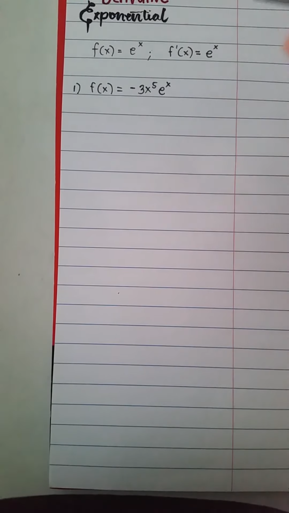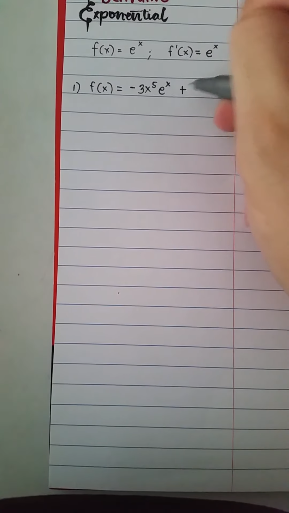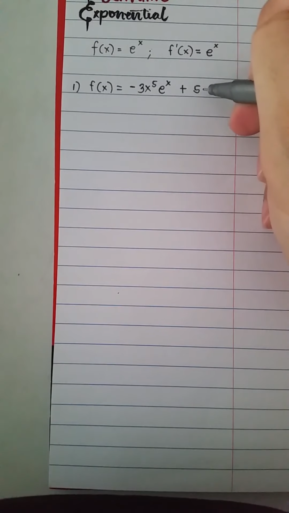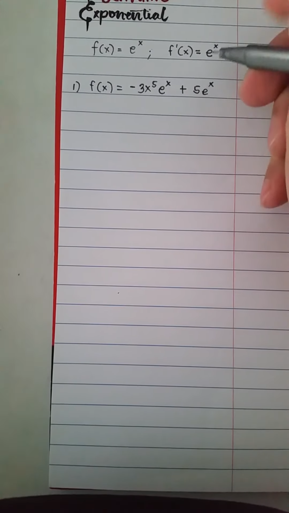If, for instance, f of x is equal to negative 3x to the fifth power e to the x plus 5 e to the x power.